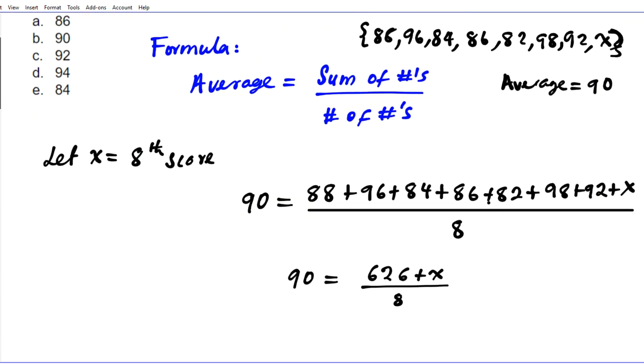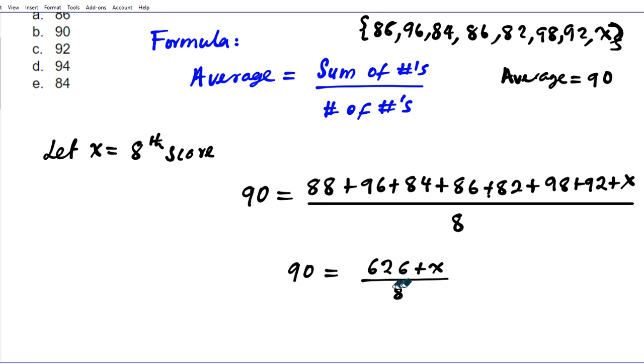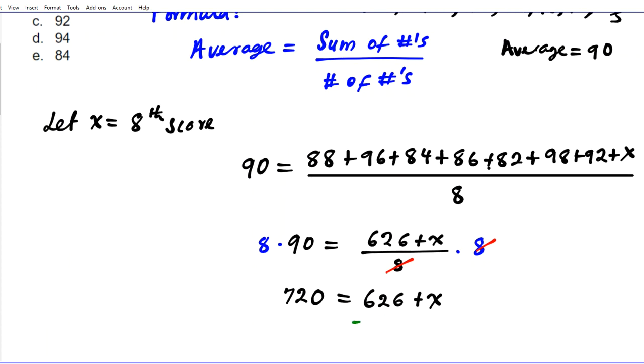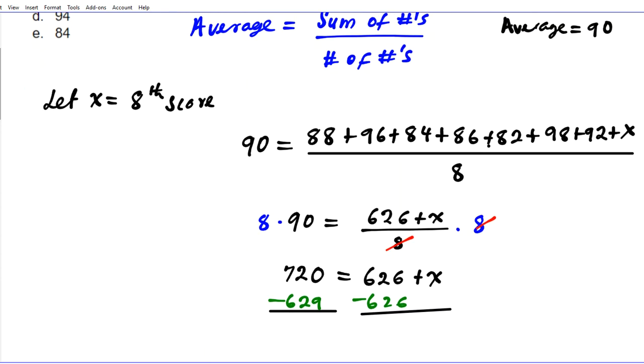Okay? And then go ahead and multiply. We want to get x by itself, so we multiply by 8 on both sides. 8 times 90 is 720. And then you subtract 626 from both sides.